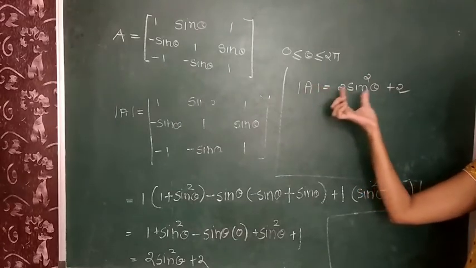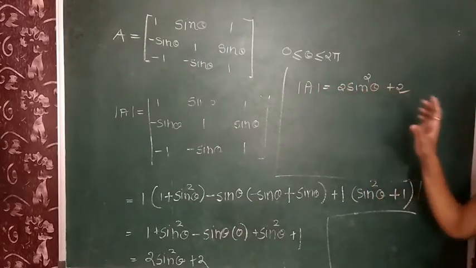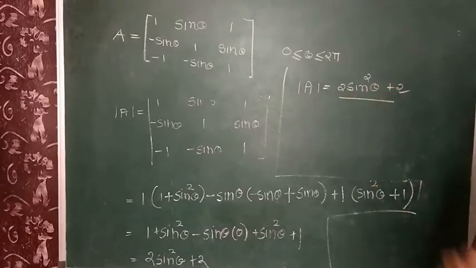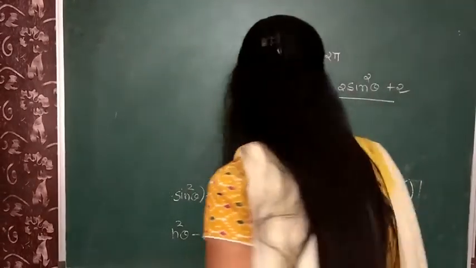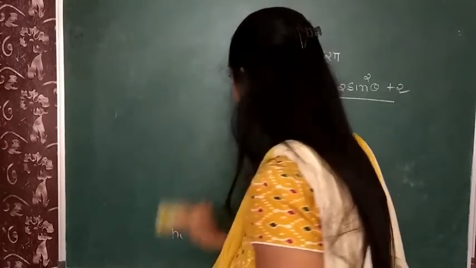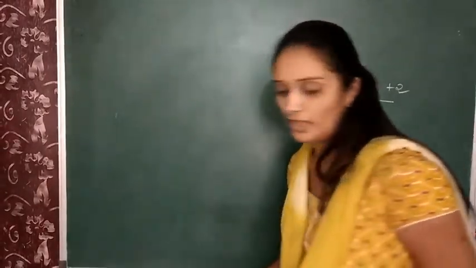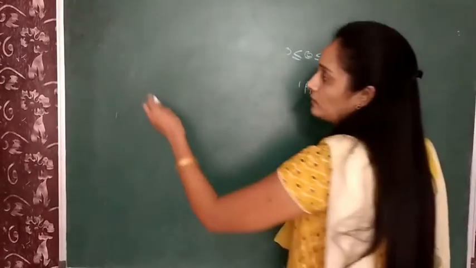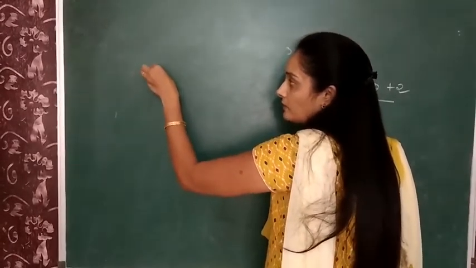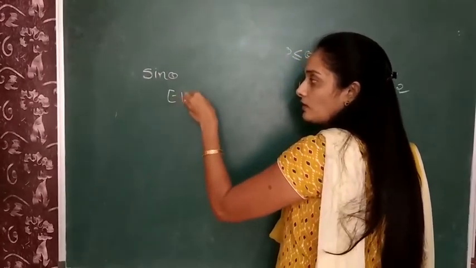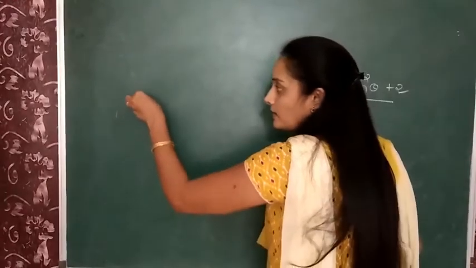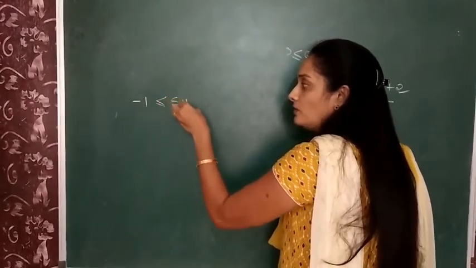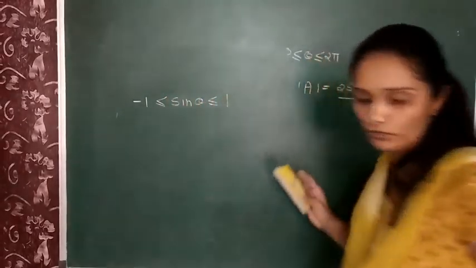Determinant of A belongs to an interval, so we have to find the range of this term, 2 sine square theta plus 2. Now, as you know, in 11th we learned the range of sine theta is the closed interval minus 1 to 1. So we can write minus 1 ≤ sine theta ≤ 1.